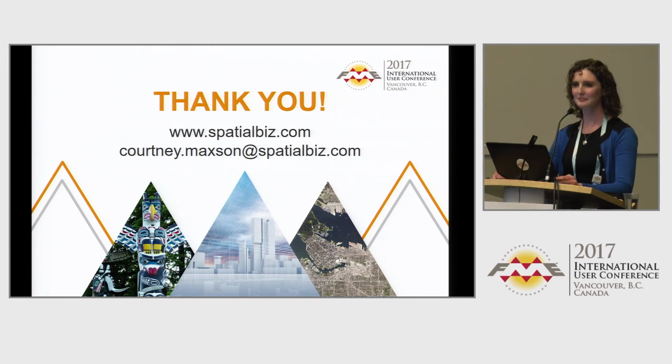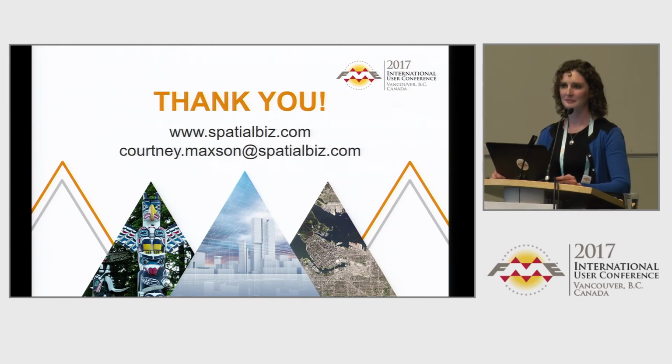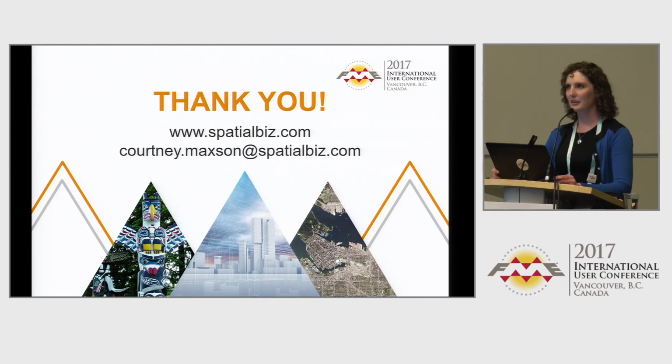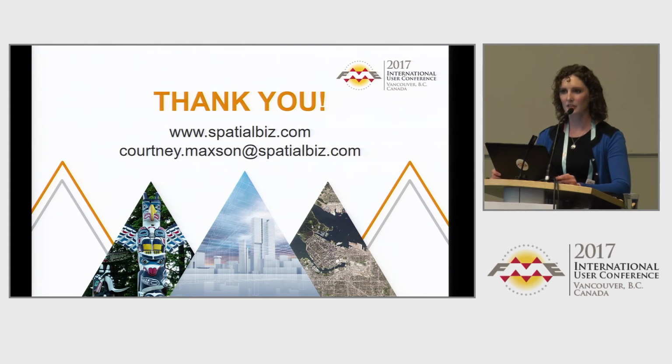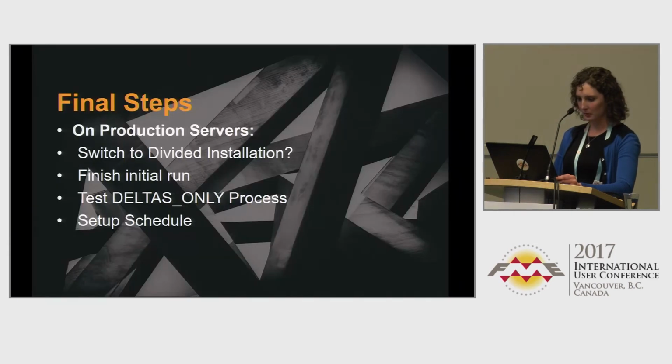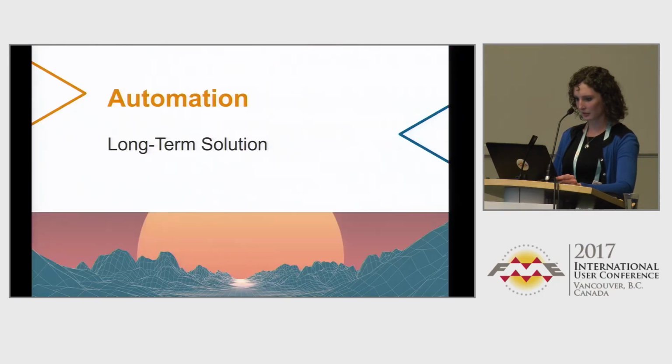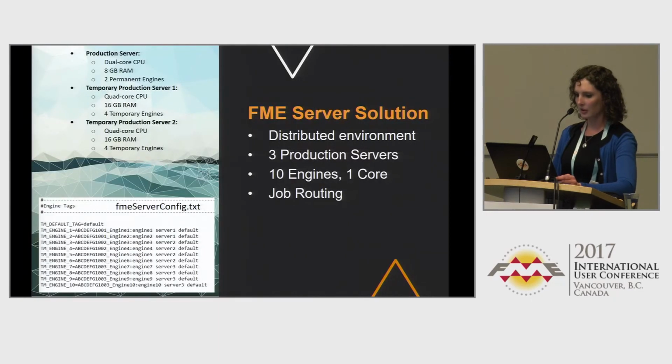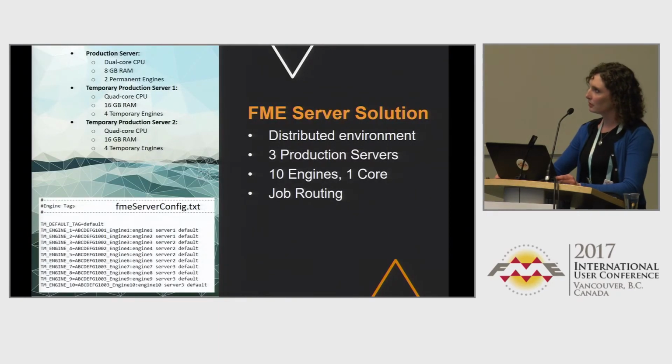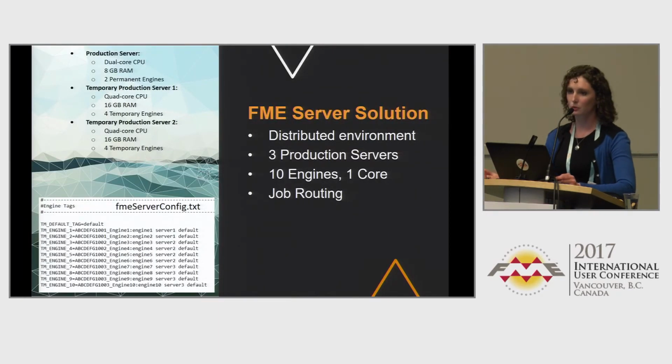Have you thought about just having 1 server and just throwing more horsepower at it? Yes, but their main production server didn't have the capacity for that. If I go back to here, you can see their main production server was created with only a dual core, and you're technically not supposed to put more engines than you have cores.